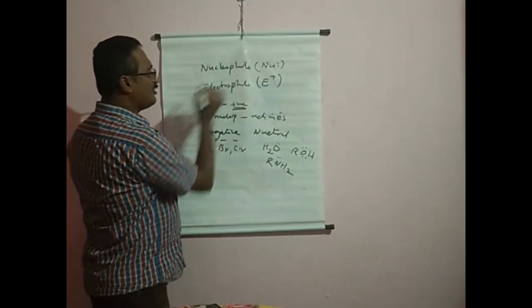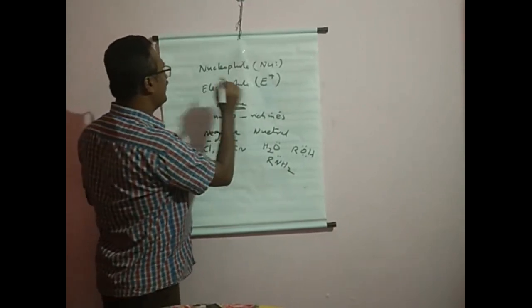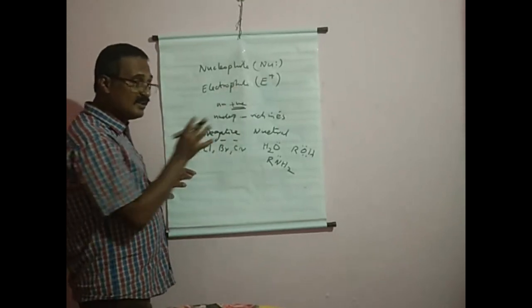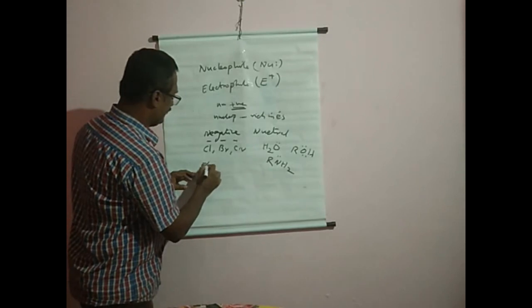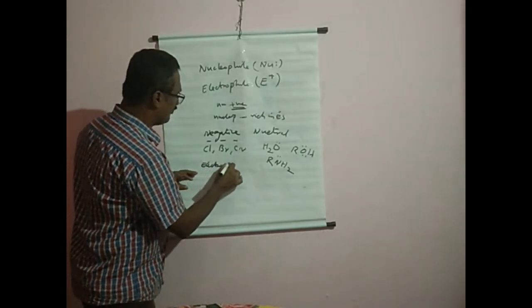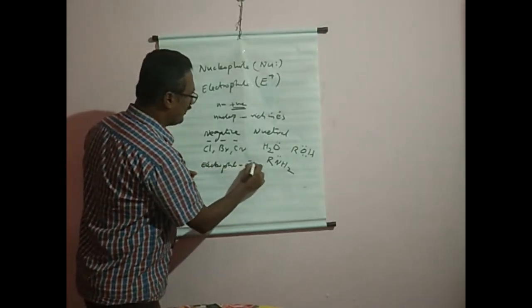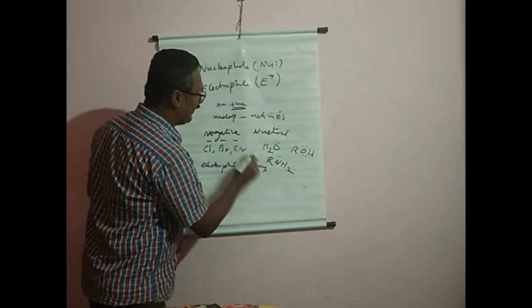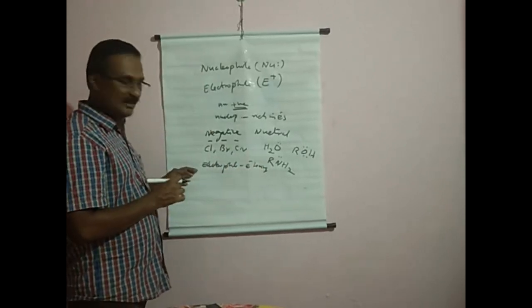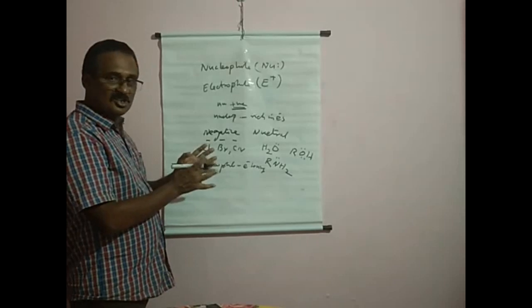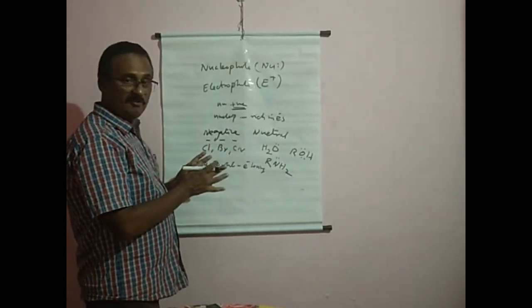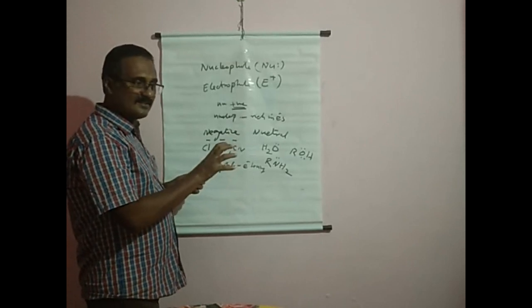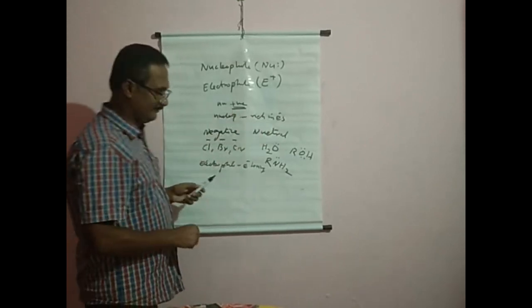Now the species electrophile. Nucleophile means nucleus loving; electrophile means electron loving. Electrons have a negative charge, so electrophiles are always in want of electrons.